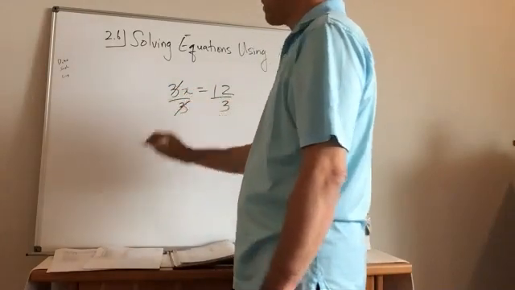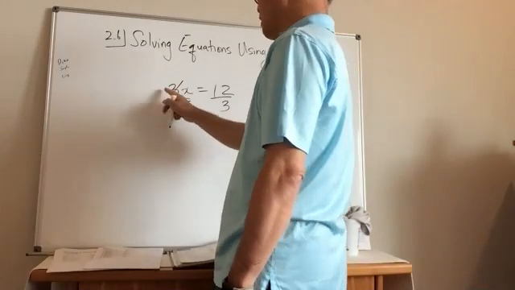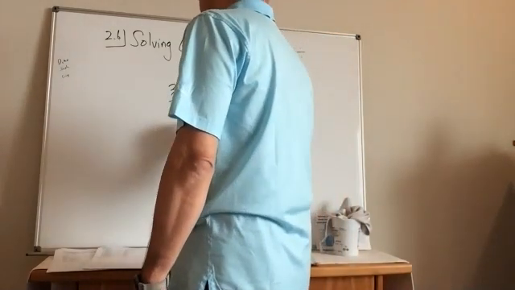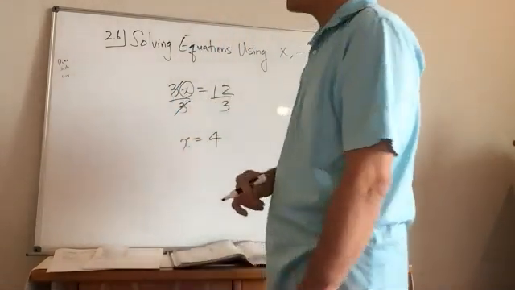This 3 and this 3 would cancel out because I have one in the numerator, one in the denominator, leaving me with just the x. 12 divided by 3 is 4. So your answer is going to be 4.